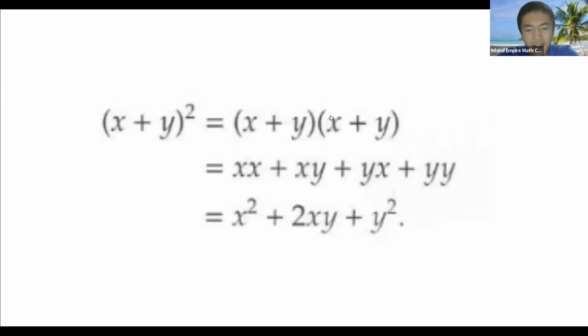If you're trying to expand x plus y squared, you would use your normal rules of the distributive property, because x plus y squared is x plus y times x plus y. X times x is xx, x times y is xy, plus yx plus yy. And this evaluates to x squared plus 2xy plus y squared.